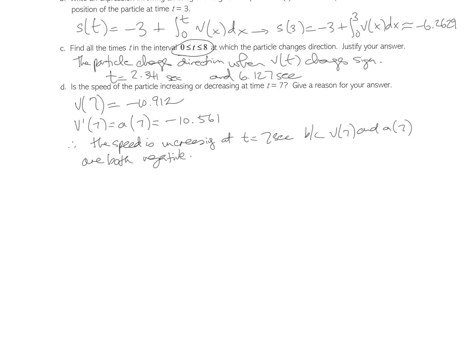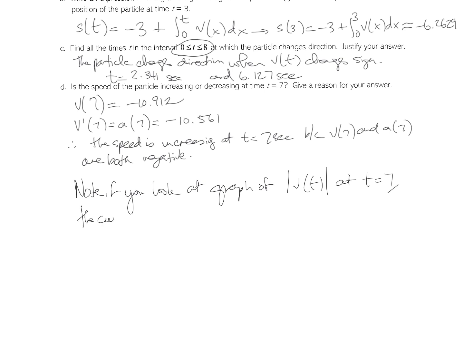So I'll write that down for you. So note, if you look at the graph of the absolute value of v of t at time equals 7, the curve is increasing.